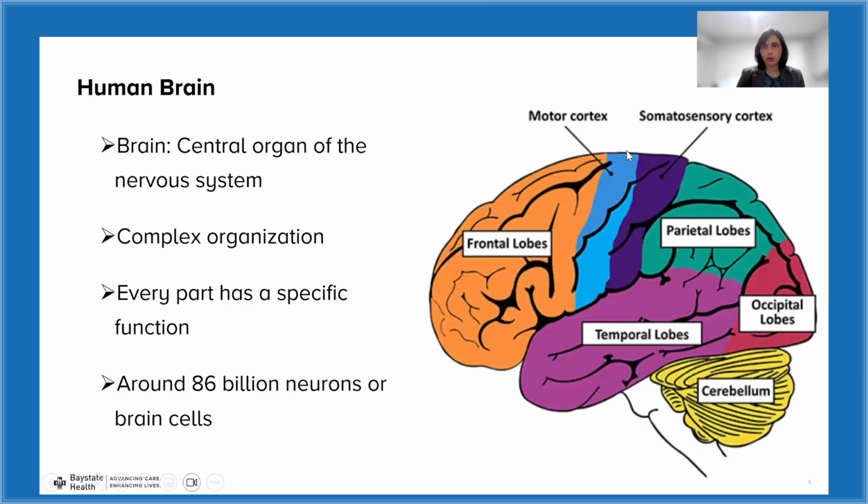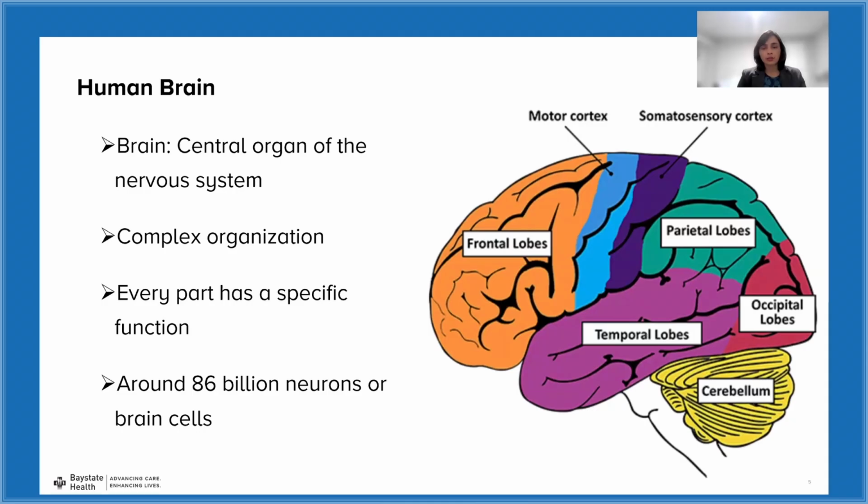So let's start with some of the basics. As we all know, the human brain is the central organ of our nervous system, and it's a part of a complex organization where every part of the brain has its specific function.